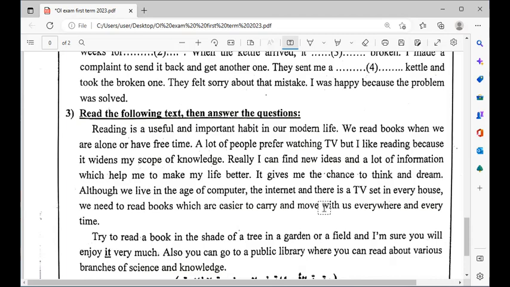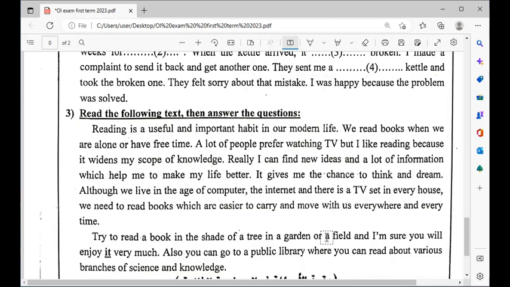A lot of people prefer watching TV, but I like reading because it widens my scope of knowledge, meaning it expands the horizons of knowledge. Really, I can find new ideas and a lot of information which help me to make my life better. It gives me the chance to think and dream.